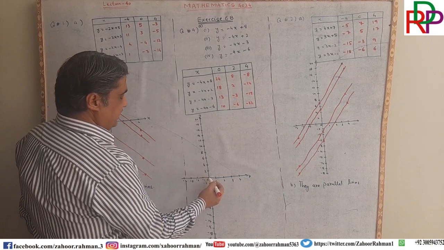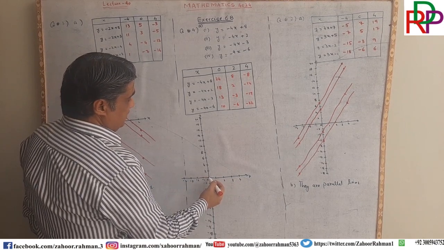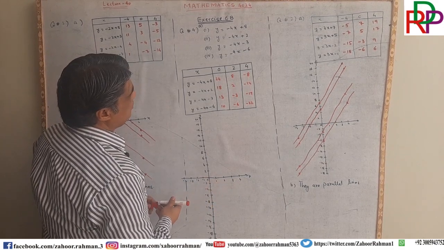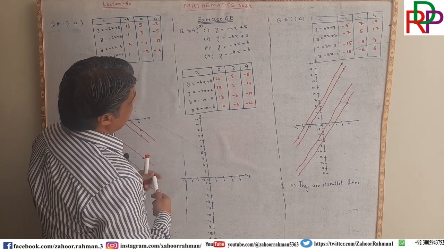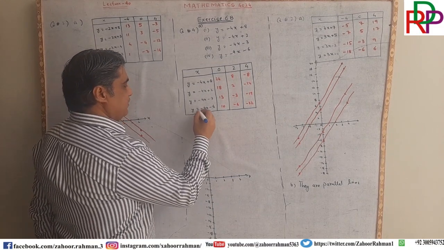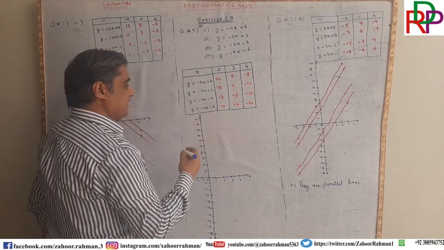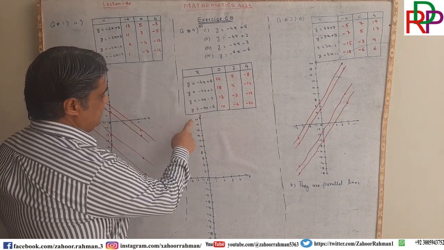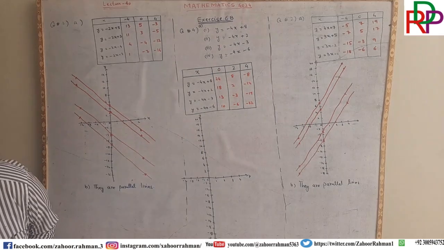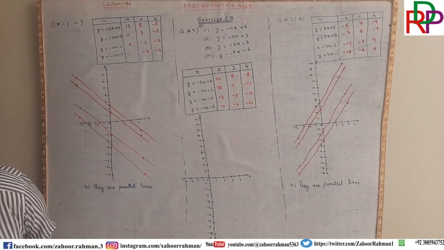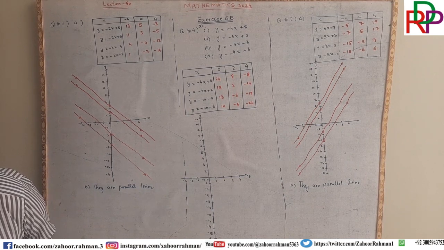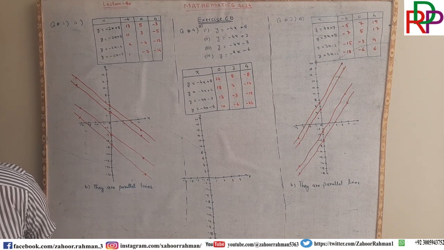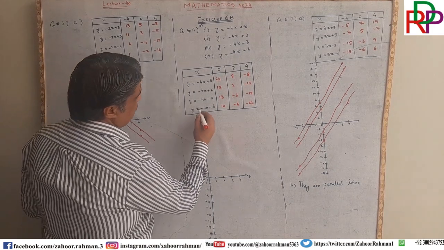For 0 it will be 24. So it will be somewhere here because it is 20. So we are going to 24. You have to go to 24.